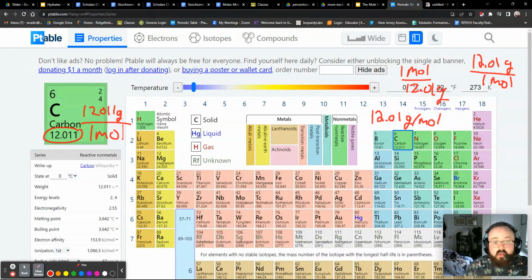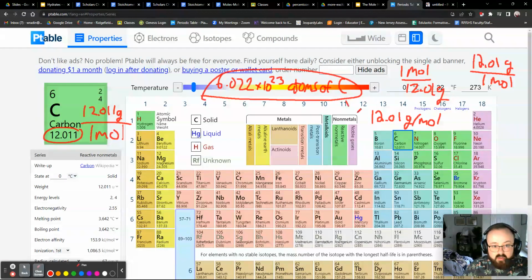And if we want to put this at the level of understanding, that means that if I have 6.022 times 10 to the 23rd atoms of carbon, the mass of all of these atoms will be exactly 12.01 grams. That is what this tells me. If I have this very, very large number of atoms, and I put every single one of those atoms onto a scale or onto a balance, I will get that mass of 12.01.